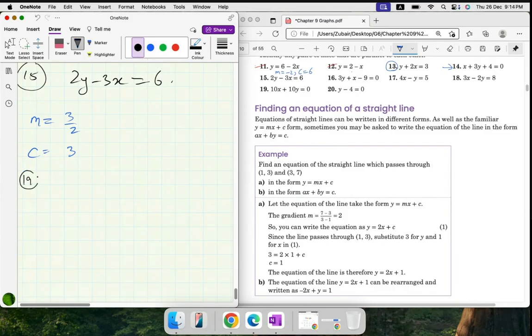Number 19. 10x plus 10y is equal to 0. Gradient and y-intercept.